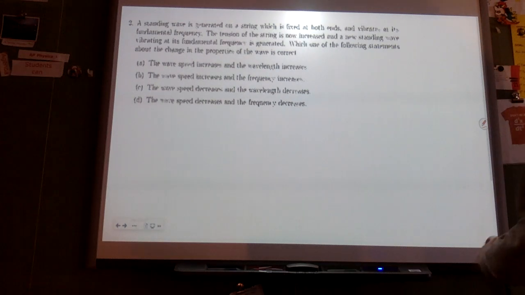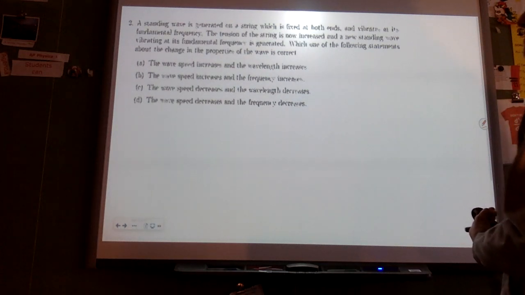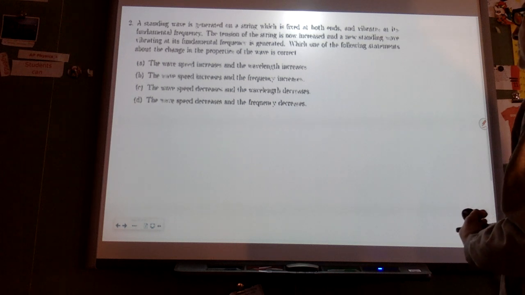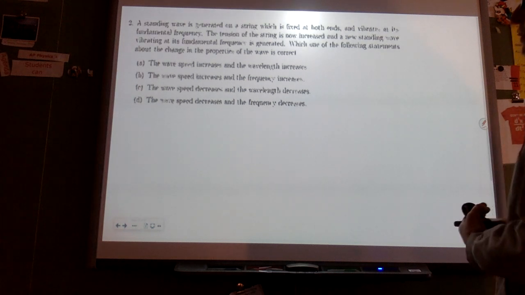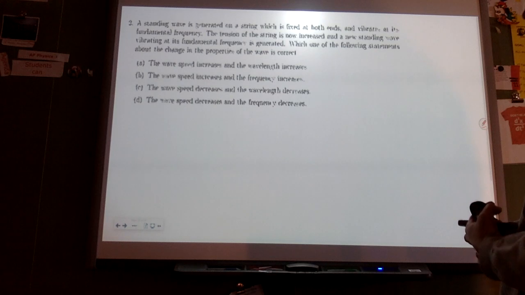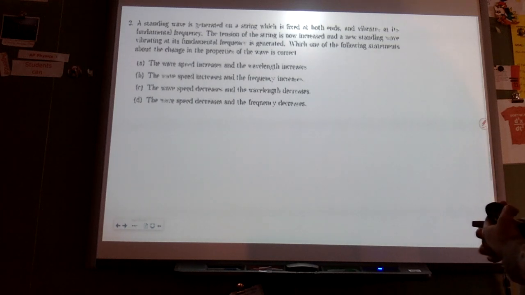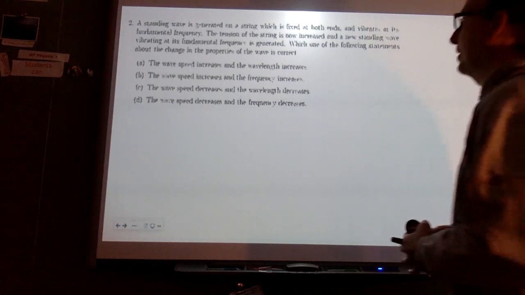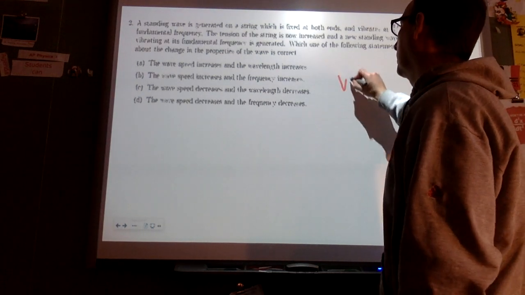A standing wave is generated on a string which is fixed at both ends and vibrates at a fundamental frequency. The tension in the string is now increased, and now a new standing wave vibrating at its fundamental frequency is generated. Which of the following statements about the properties of the wave is correct?